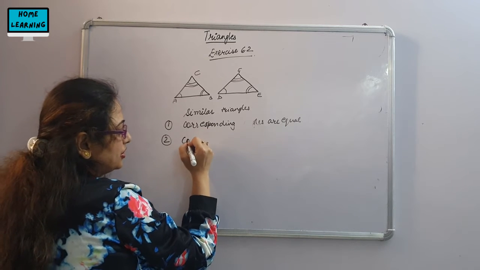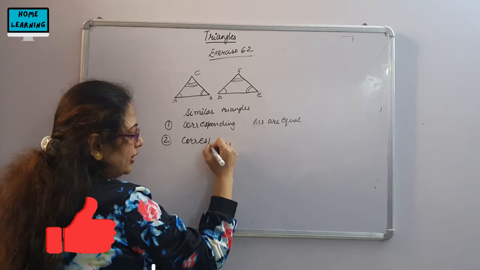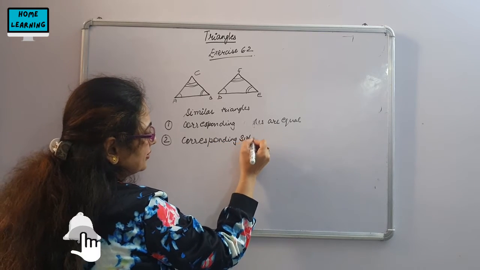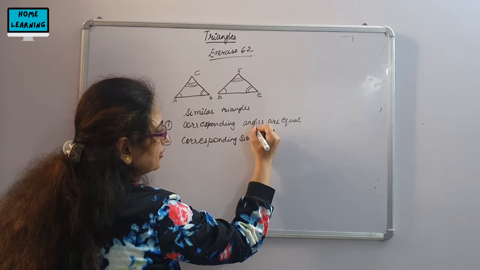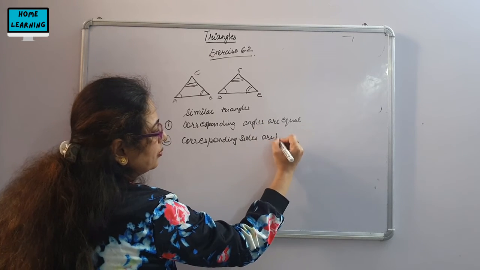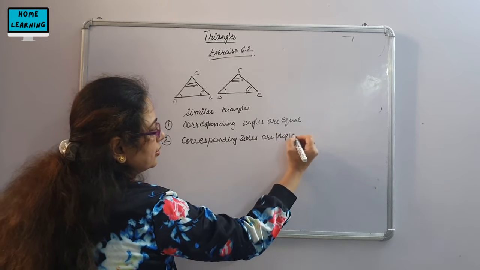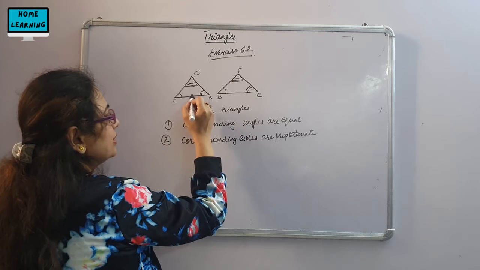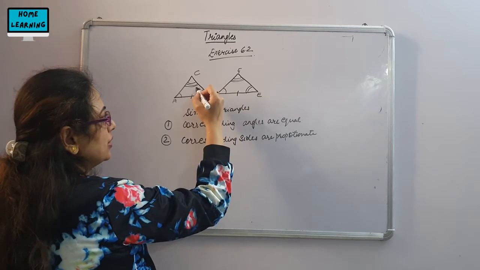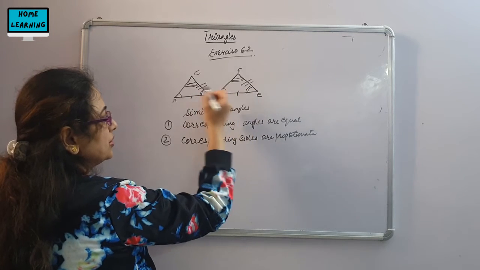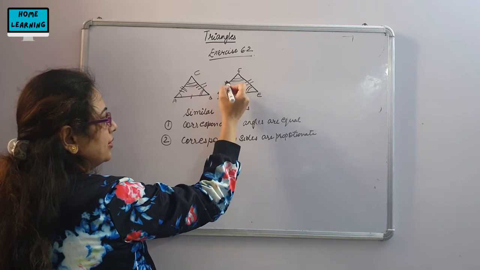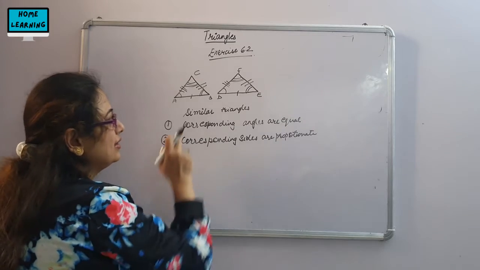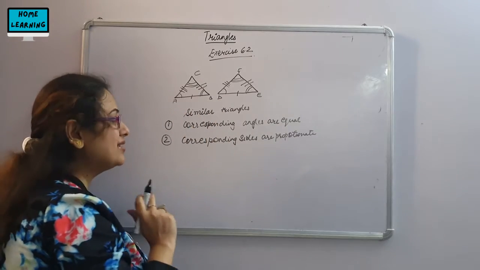The other condition is that corresponding sides are proportionate. This one should be proportionate to this one, and this one to this one. When these two conditions are fulfilled, only then can these two triangles be considered similar.